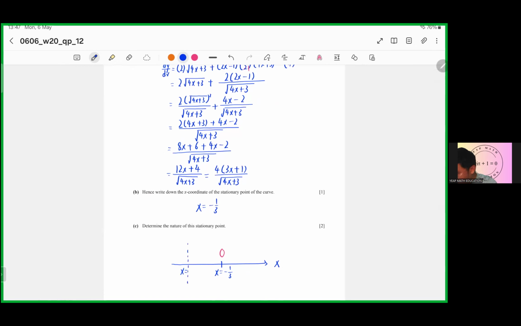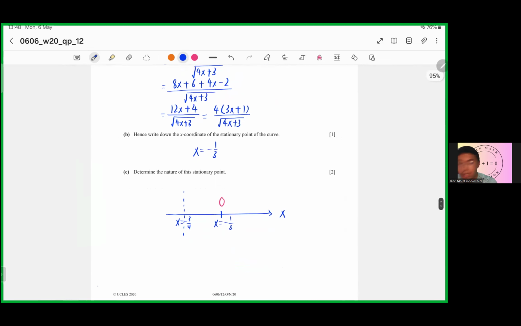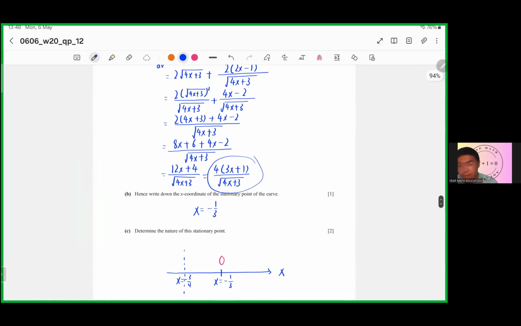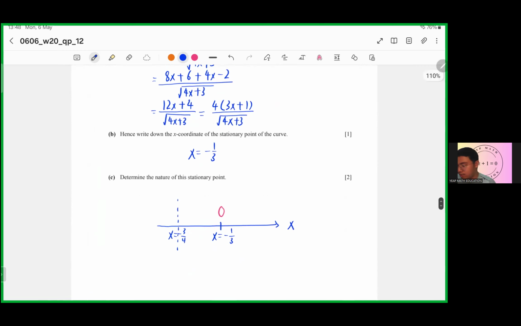Okay, x cannot equal negative 3 over 4, so we cannot go less than negative 3 over 4 here. So you can take whatever number to calculate. Take this one because we need to determine the nature. Let's take any numbers.